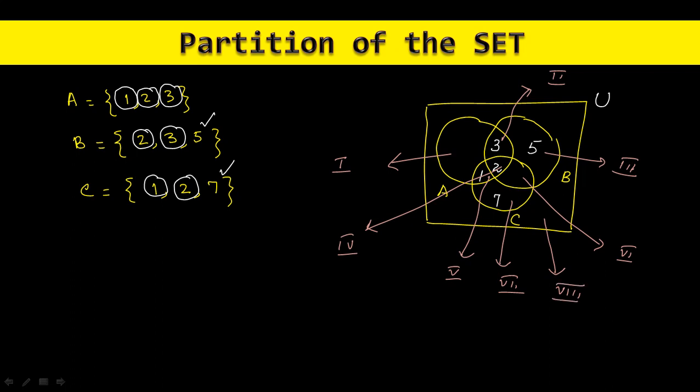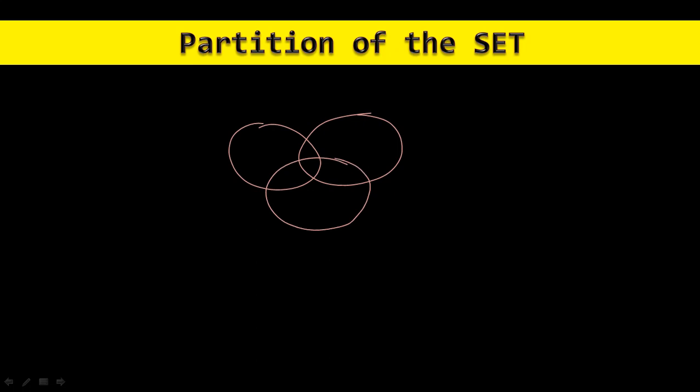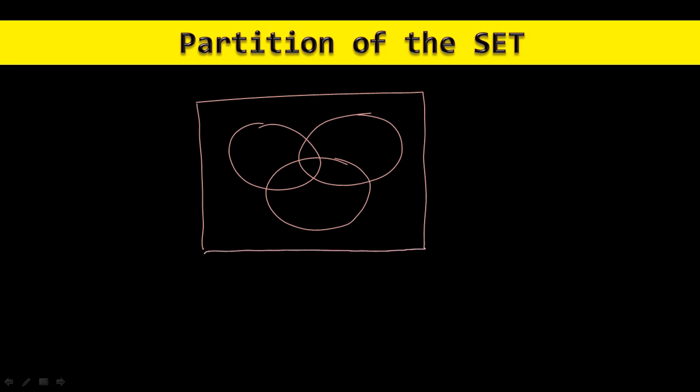I would like to discuss this part again. These are the 3 sets, first, second and third. And this one is the universal set. First one, this one and this one. Suppose these are the 3 partitions first, second and third.